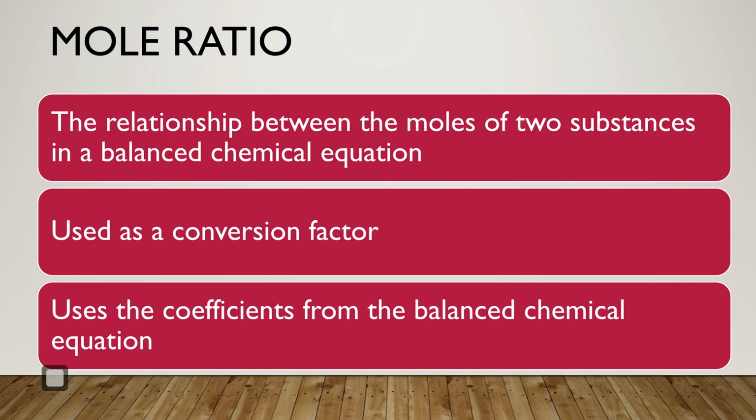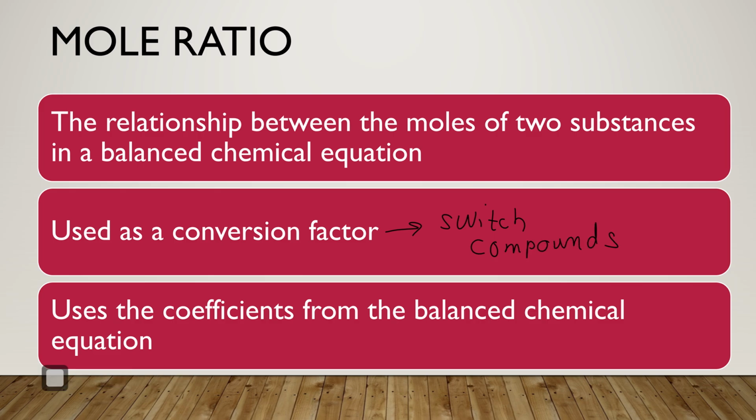The mole ratio is relating 2 different compounds and essentially how many moles of each are present, and we use the chemical equation to figure that out, okay? That becomes a conversion factor between moles of one type of compound to moles of a different type of compound. So this is the only conversion factor that allows you to switch compounds.